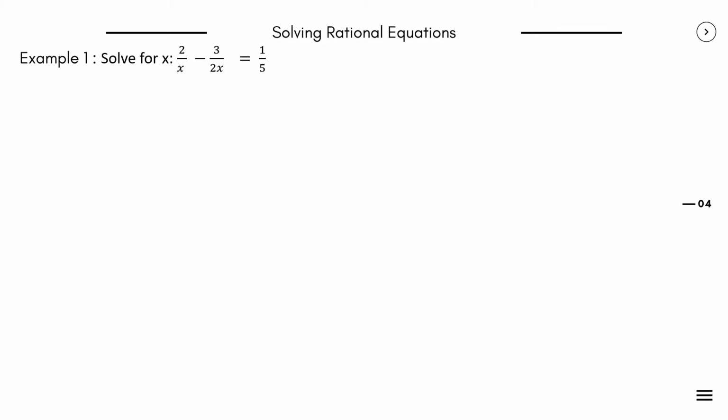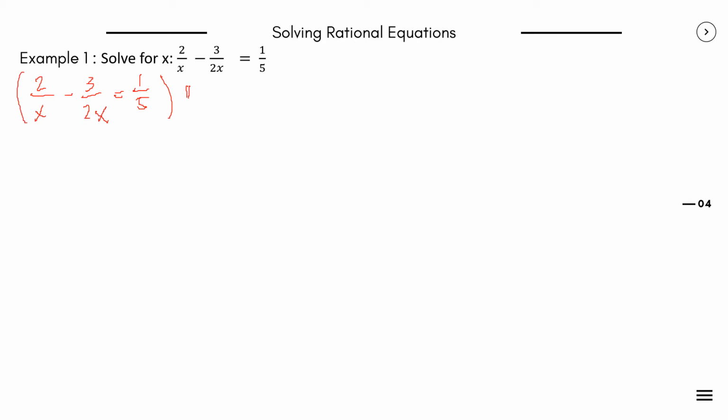So, this is the first step where you have to eliminate the denominators by multiplying by the LCD.